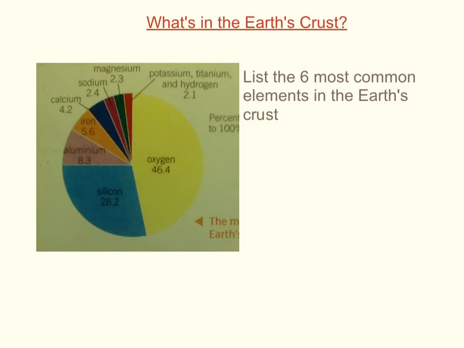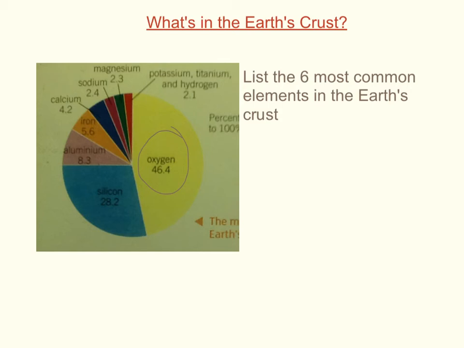Let's now look at what's actually in the Earth's crust. The pie chart on the left-hand side shows the most common elements found within the Earth's crust. An important point to make is that this is by mass. Surprisingly, oxygen is the most abundant at 46.4%.